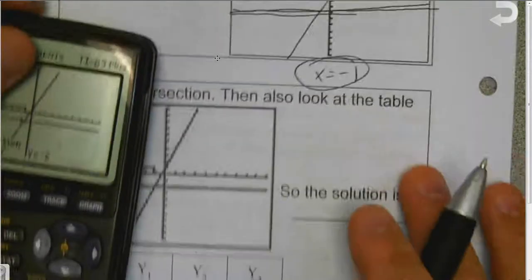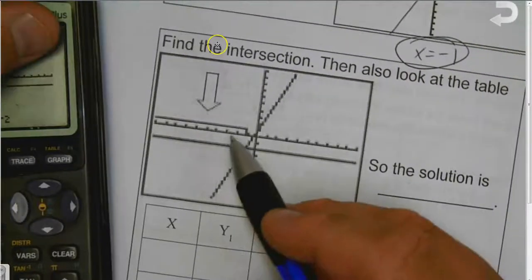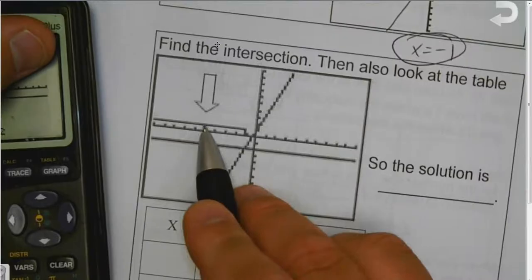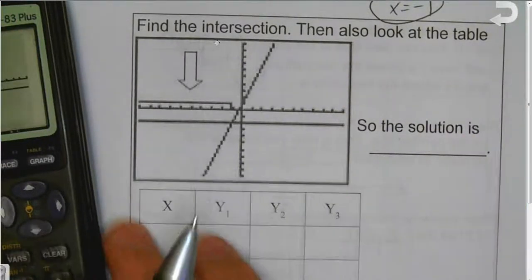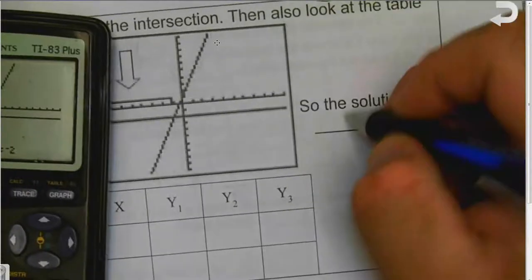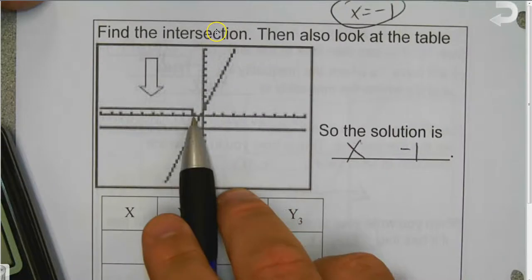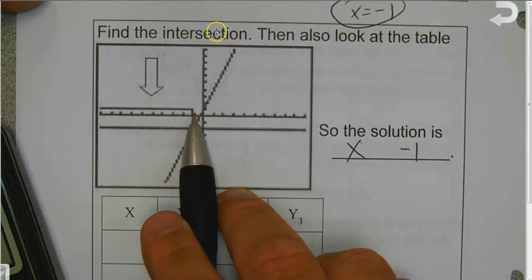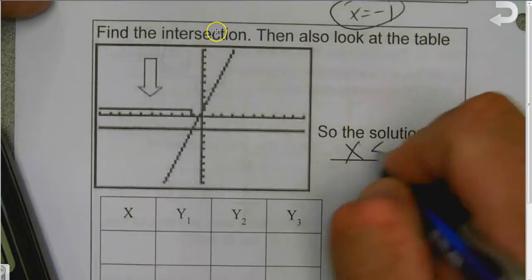But now we're looking at inequalities. So we come back to this picture right here, and this line is the most important line. And so we go back to the idea of, okay, x and negative 1, but now we've got to decide is it less or greater. Since the line is going to the left, it's less than.